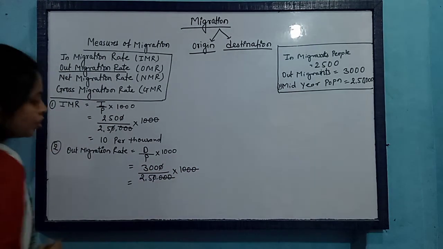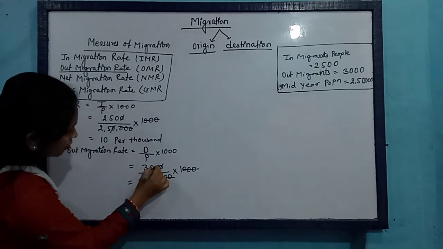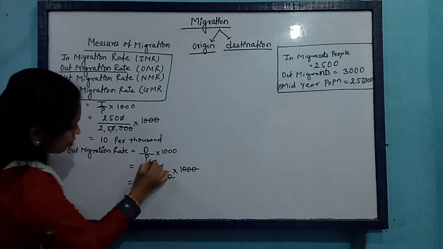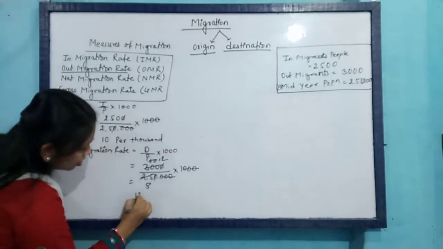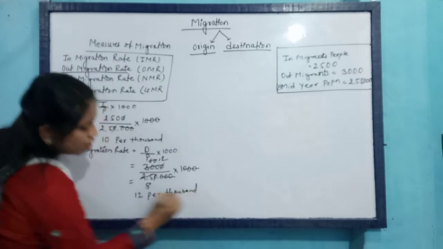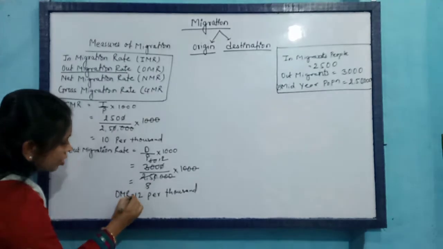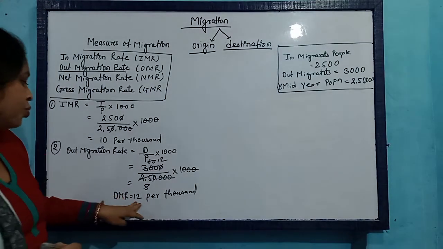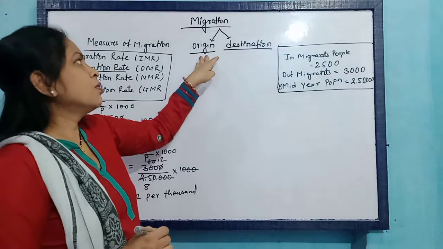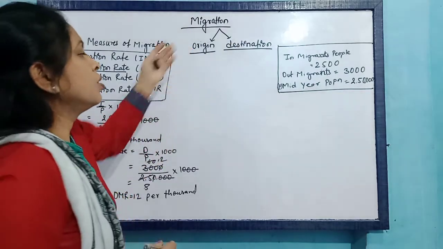Now we calculate this. OMR is equal to 12 per 1000. It means 12 people per 1000 migrate, that is, they leave the destination place and go to the origin place.